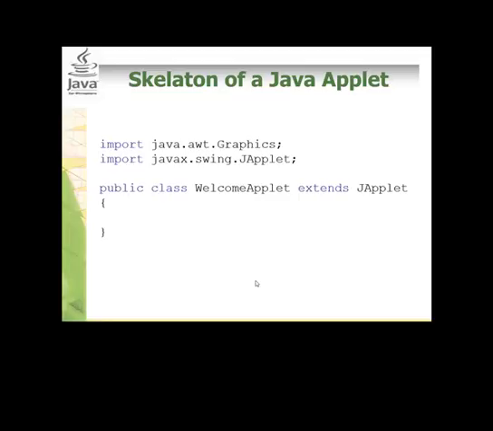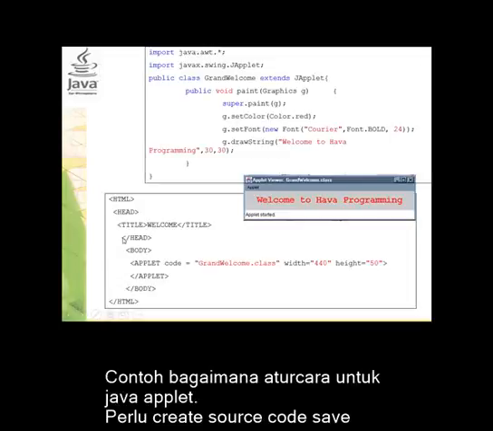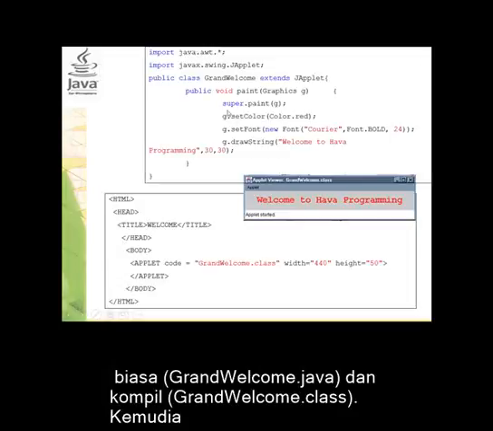All right, so this further describes the Java applet in much greater detail. You can see there's a need for these two libraries, or classes, Graphics and JApplet. Then you have your main class, public class WelcomeApplet extends JApplet, with open and close curly braces.